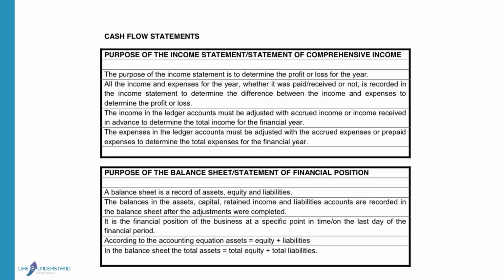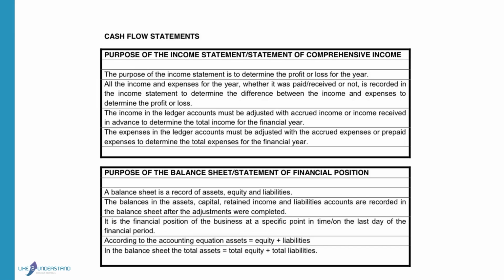And the total amount for income, whether it was received or not, will be recorded in the income statement. The expenses will also be recorded in the income statement. If you still have to pay expenses at the end of the year, the ledger accounts will be adjusted and the accrued expense will be added to your expense so that the total expense for the year will be shown in the income statement, although you didn't pay all the expenses.